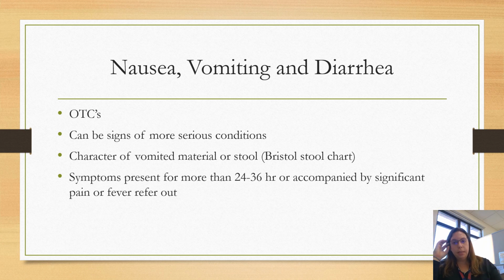So nausea, vomiting, and diarrhea. Nausea and vomiting we already talked about a little bit. When did pain enter the picture? Nausea, vomiting, and diarrhea really can be treated most of the time with over-the-counters. We do have disintegrating Zofran, which works pretty well, but sometimes the taste of it can be enough to make you puke anyways.